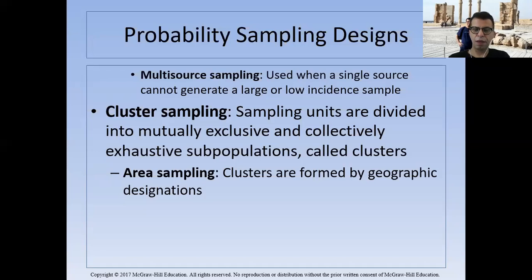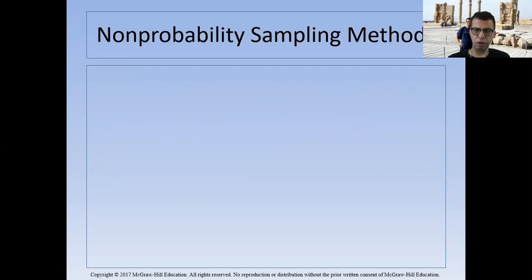Or you say, in this part of the mall, whoever comes in from door number 3, I will ask them the question. That's also cluster sampling. That includes probability and non-probability error in it.